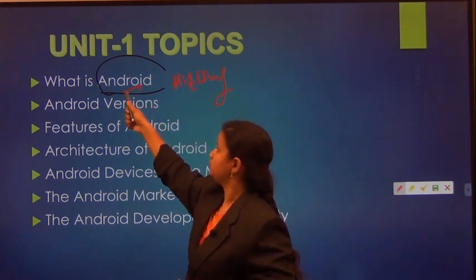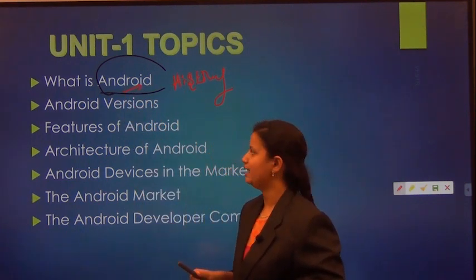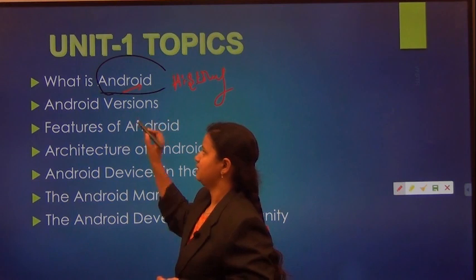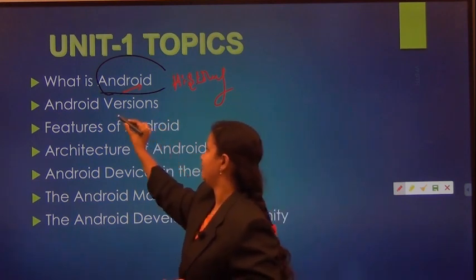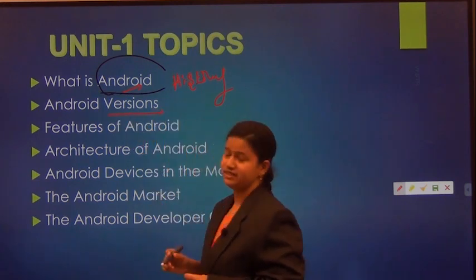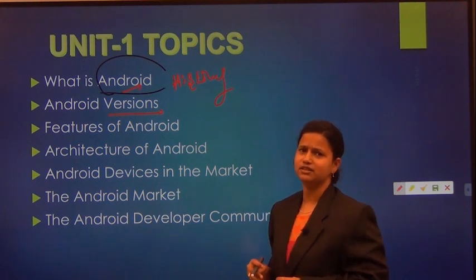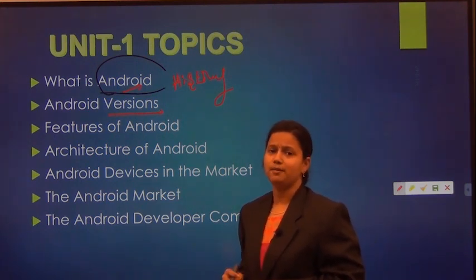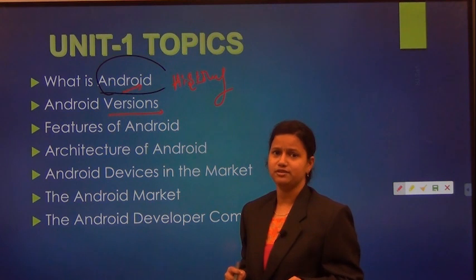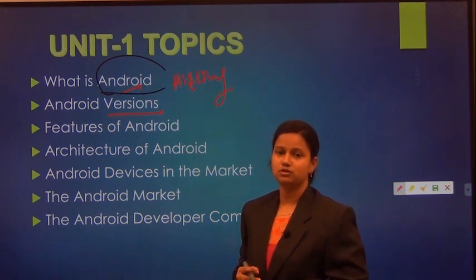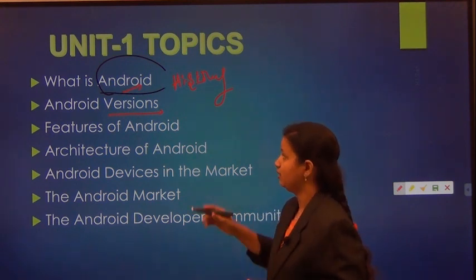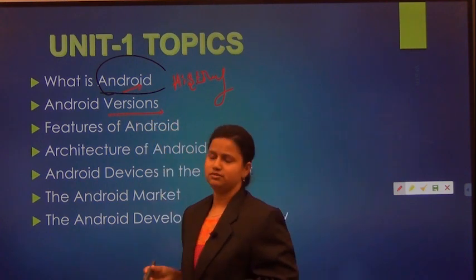So those are the concepts to be learned in what is Android. And Android versions. When you are seeing Android versions, all of you know that different versions are available in Android. From the cupcake version up to now we are using Pie version. So these are the different versions available.